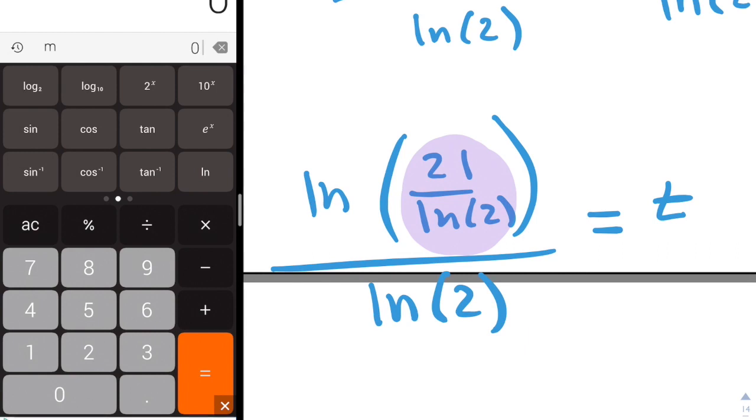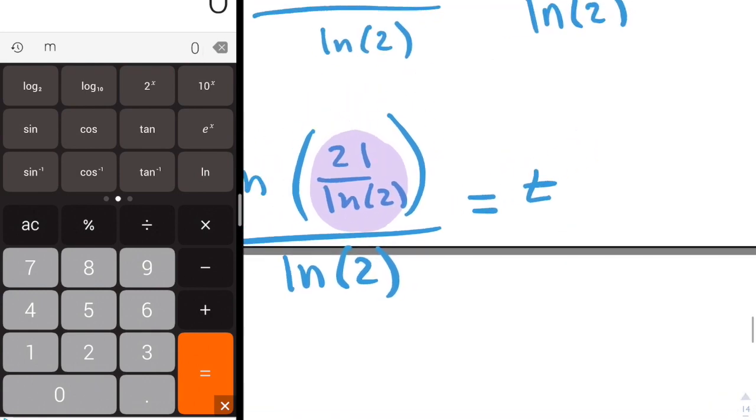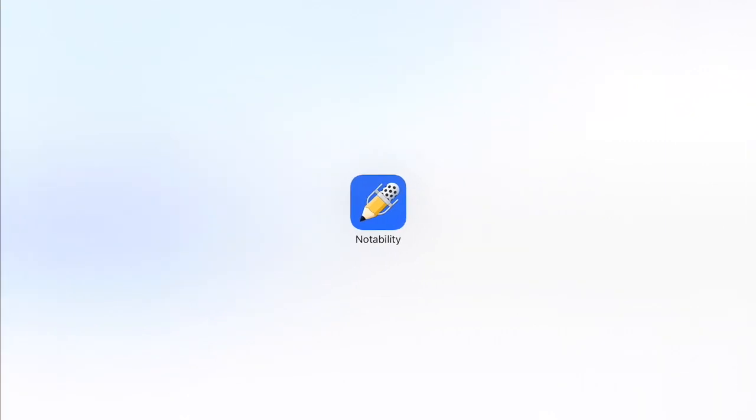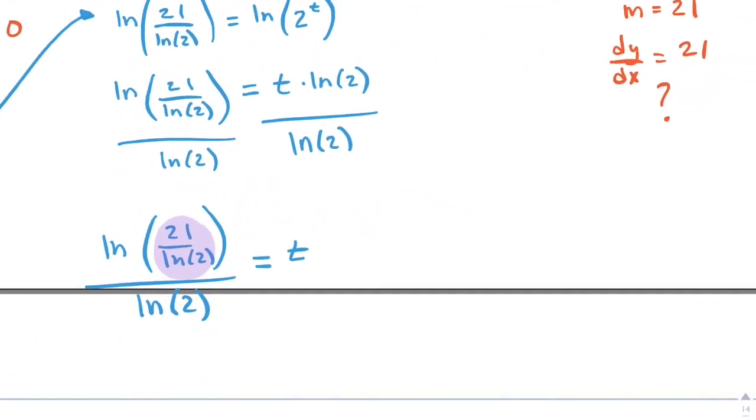Let's see, 21 divided by ln of 2. I evaluated what you see in purple there. I'm going to do it on my graphing utility.